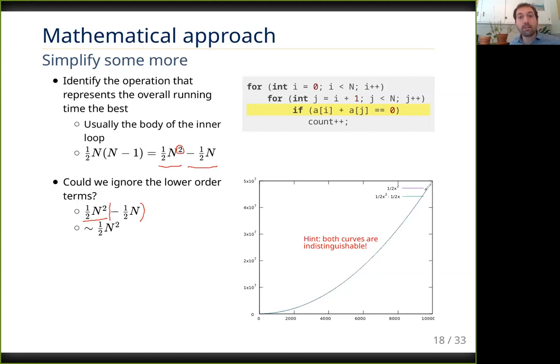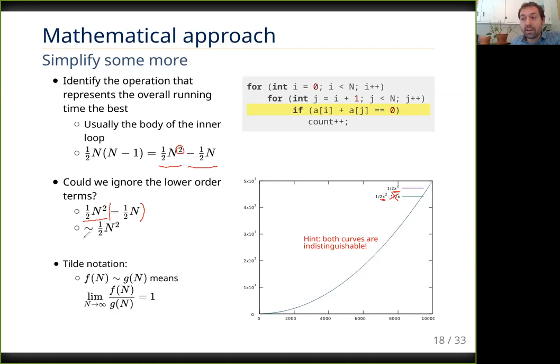You cannot tell which one is which. That's mainly because the n squared term totally overpowers this small term. This one is super small compared to this one, which completely takes over. That kind of notation is called the tilde notation.